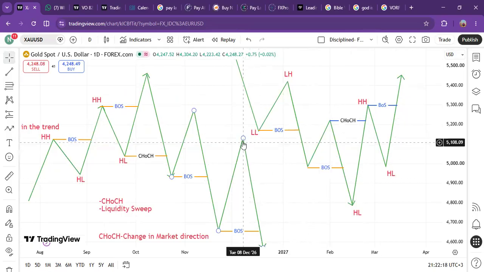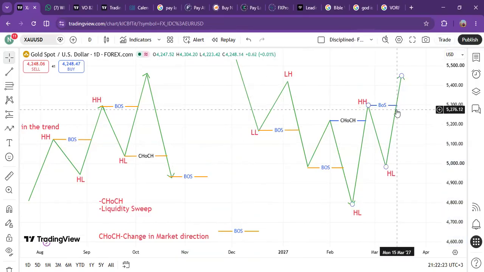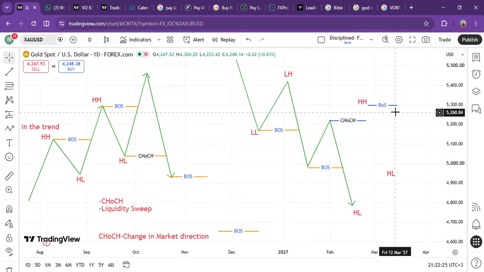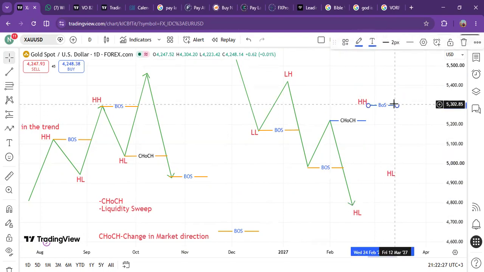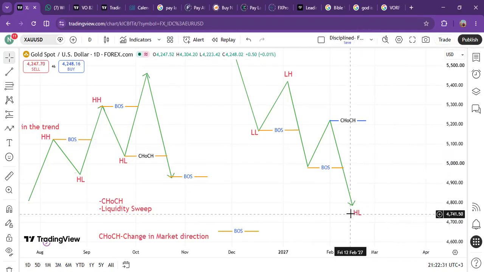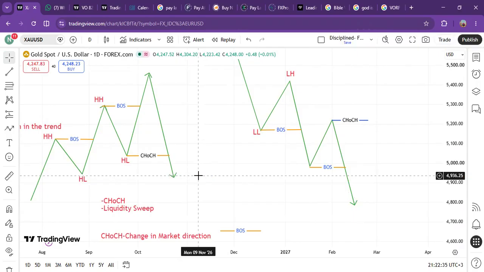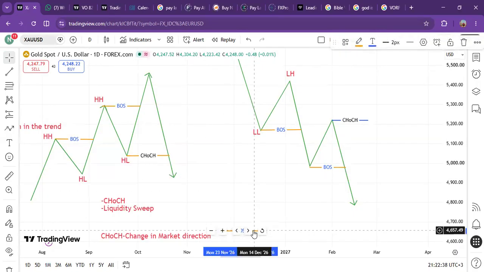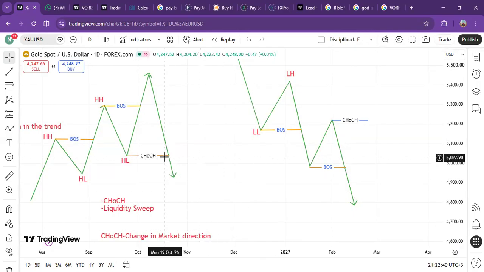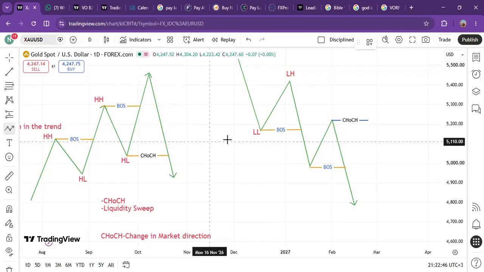Okay, so what if something else happens, which is this? So let me show you. Let me remove everything here. Okay, so I told you that two things might happen if the market closes below here. So what is the second thing?